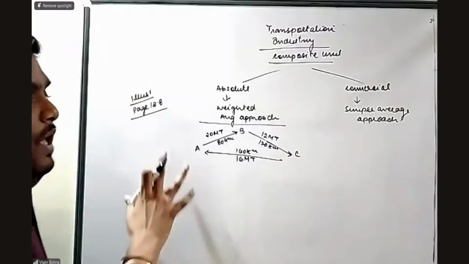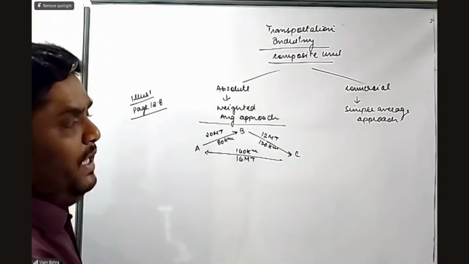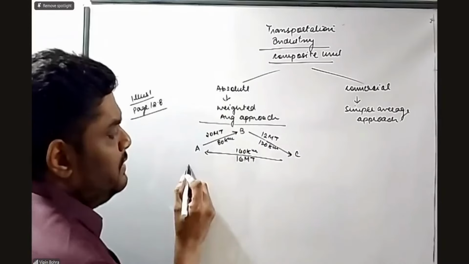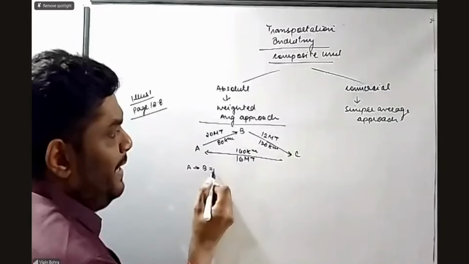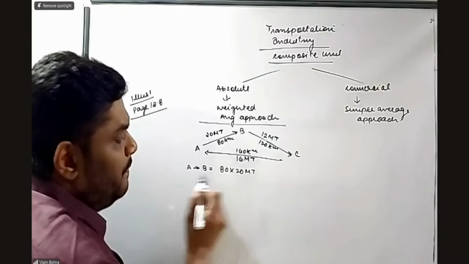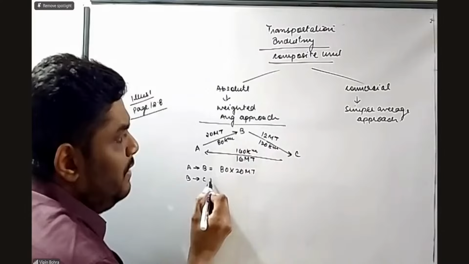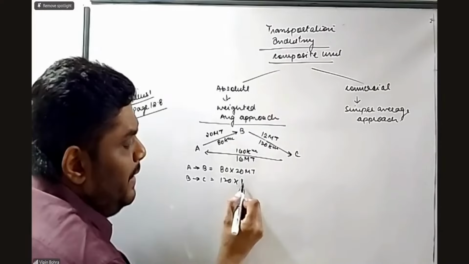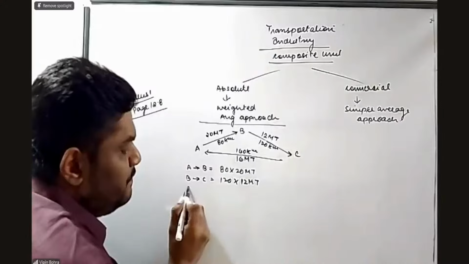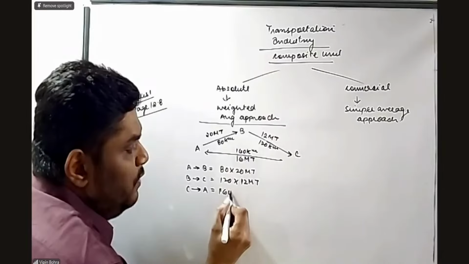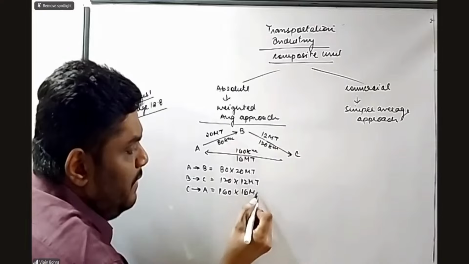So now we have converted this question into diagrammatic form. Now we can easily calculate the absolute ton kilometers. That is, from A to B, 80 kilometers, 20 metric tons traveled. From B to C, for 120 kilometers, 12 metric tons traveled. And from C to A, 160 kilometers, 16 metric tons traveled.